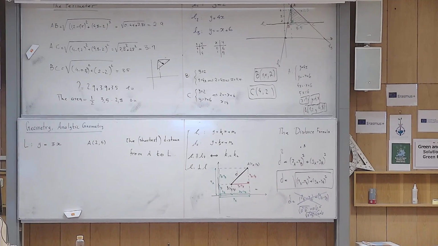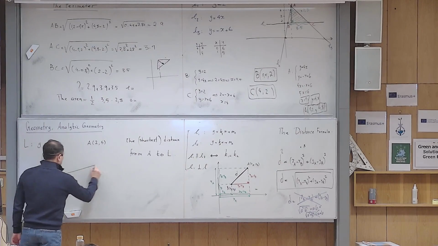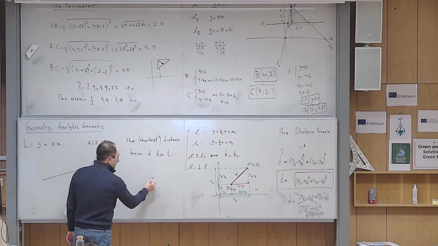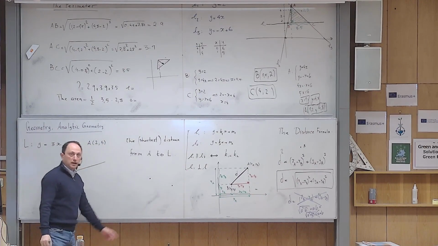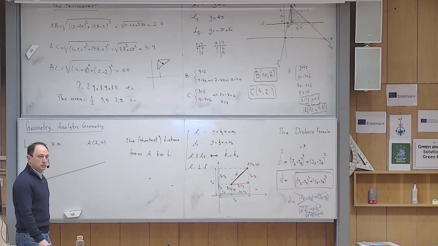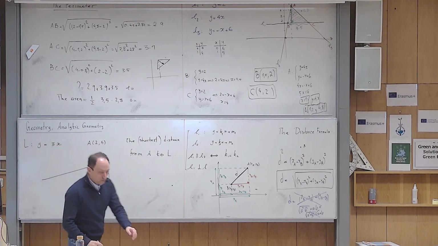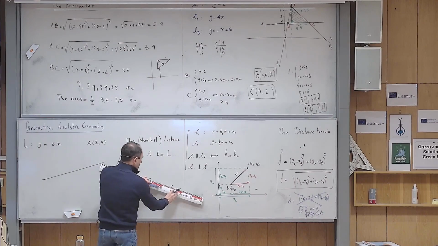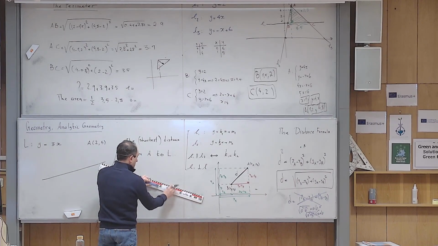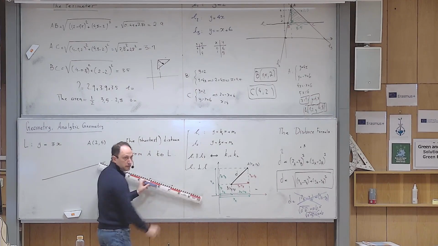So what should we do? If I have 2 points and I give you the ruler and I ask you to measure the distance between them, you know what to do. You take your ruler and join them, yes? And then you use your ruler to read the length.